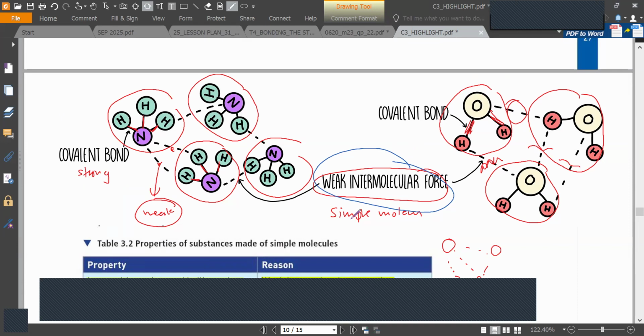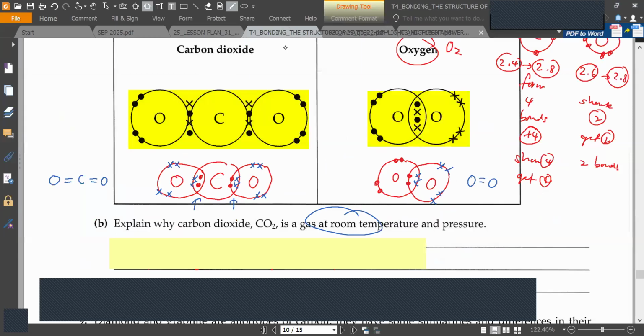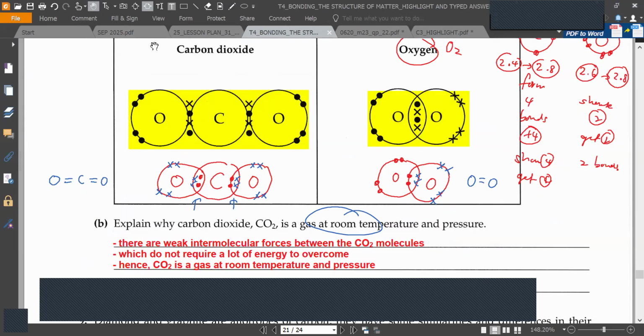That's why it is a gas at room temperature. There are weak intermolecular forces between the carbon dioxide molecules, which do not require a lot of energy to overcome. It's easy to overcome the attraction. So carbon dioxide is a gas at room temperature and pressure.